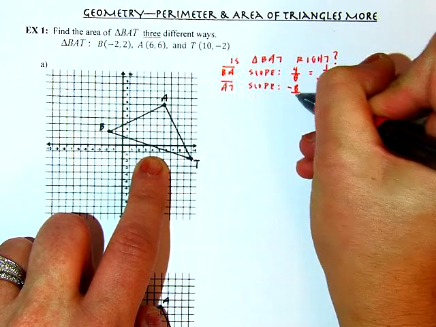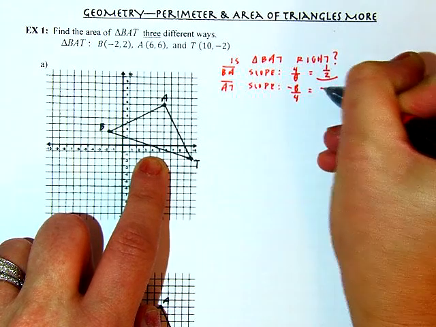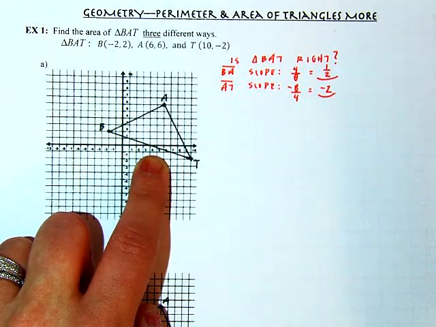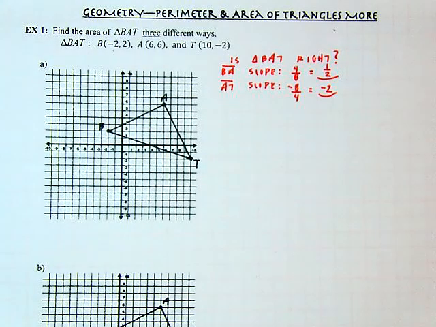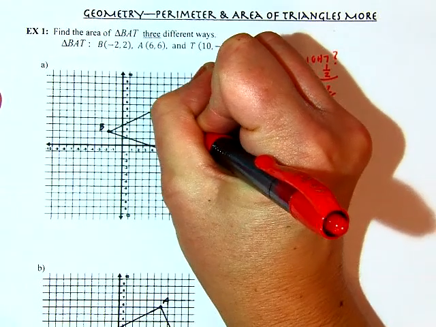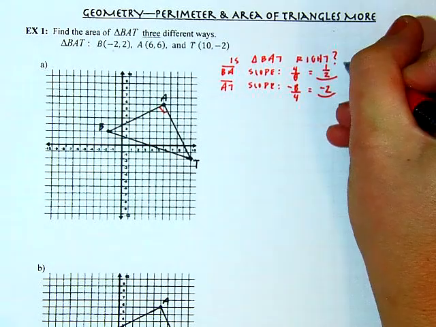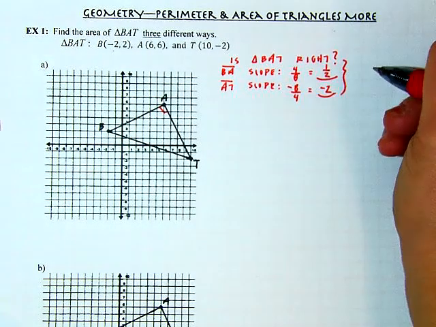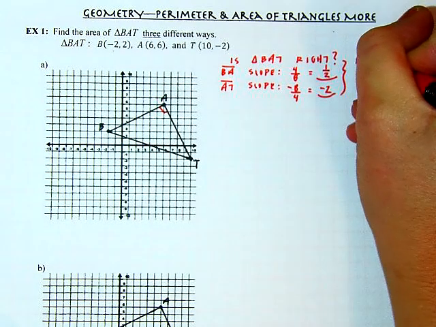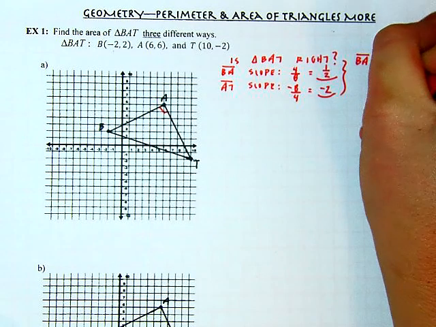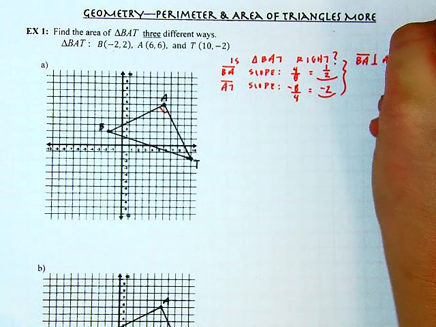Okay, for AT, we're going down 8 and right 4. So -8/4, -2. So we should see that, yes, they are perpendicular, which means that this right here is a right angle because those slopes are opposite reciprocals. So let me just write that. BA is perpendicular to AT.